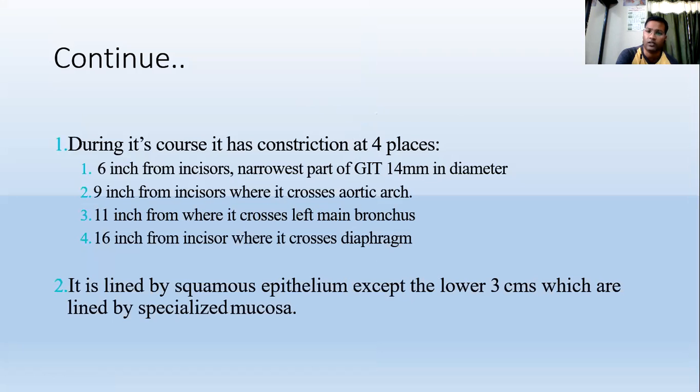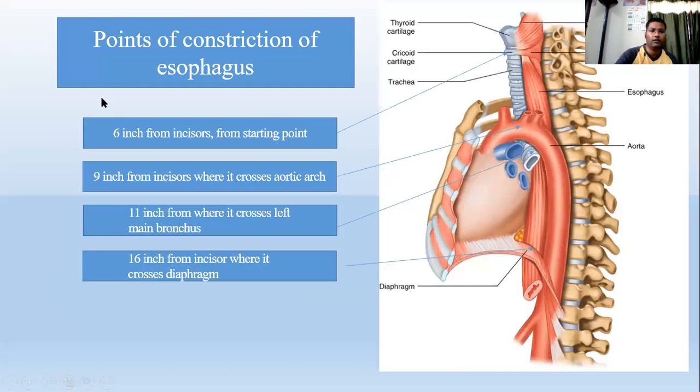Understand? So it can be stretched very easily. The first part is where the cricothyroid cartilage is, 6 inches from the incisors.